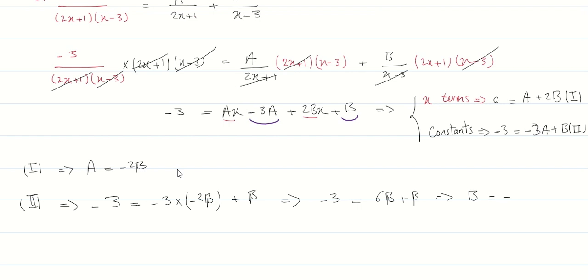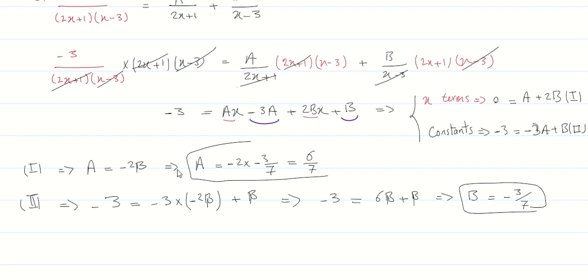So b would be equal to minus 3 over 7. Now, I'm just going to substitute this b value onto equation number 1 to get the a value. So we have a is equal to minus 2 times our b value, which we got based off equation number 2, which is minus 3 over 7, which would be equal to 6 over 7.